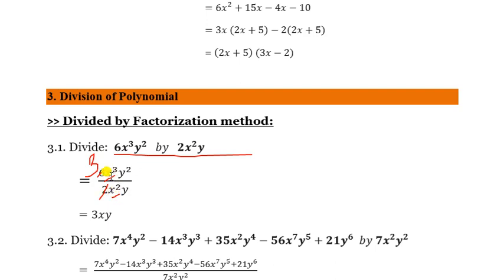So x cube minus x square, that means x to the power 1, and y square minus y, that means simple y will come. So this way, with the help of exponents, you can do division also. Okay, let's see the next one.